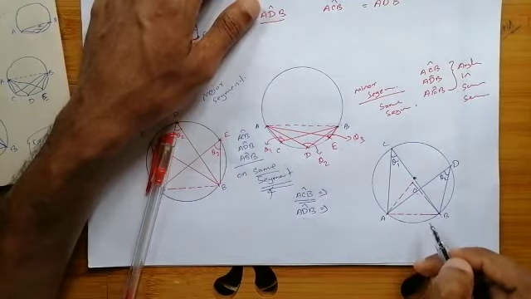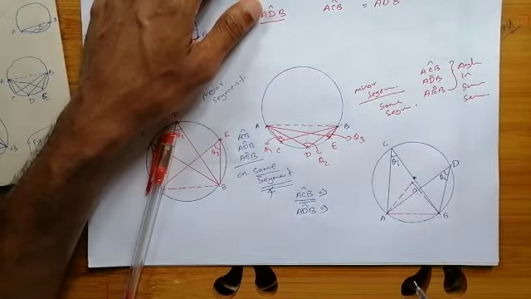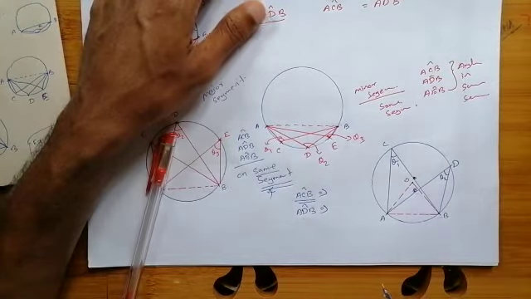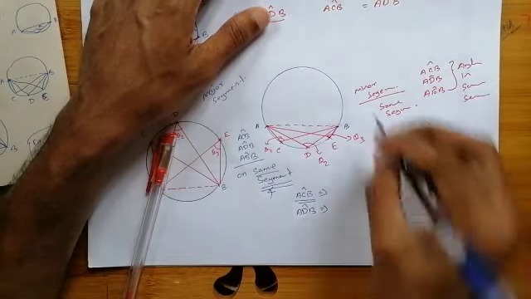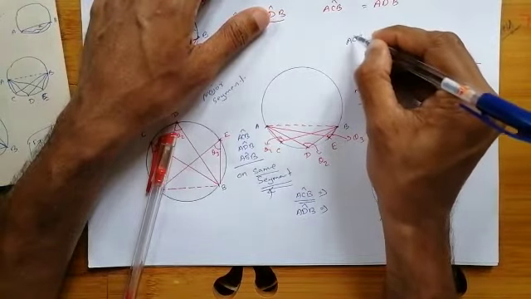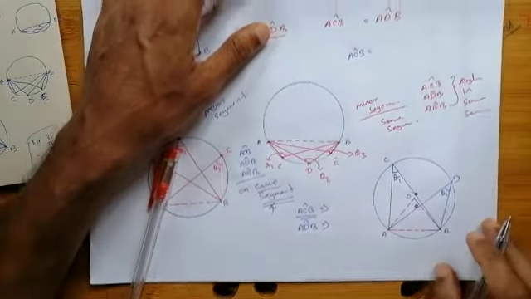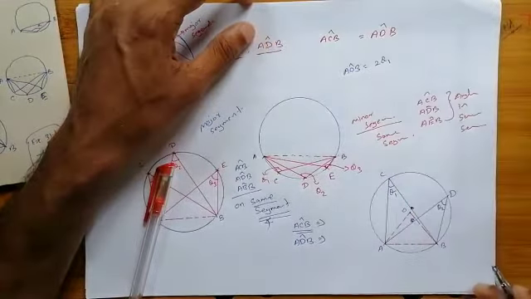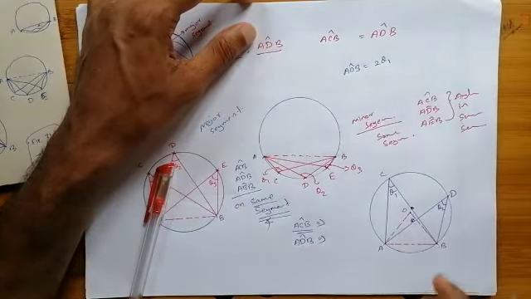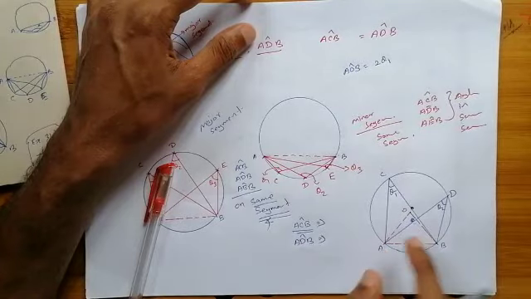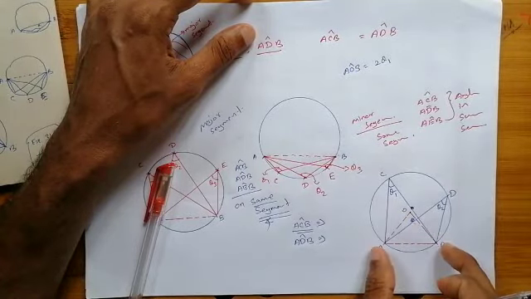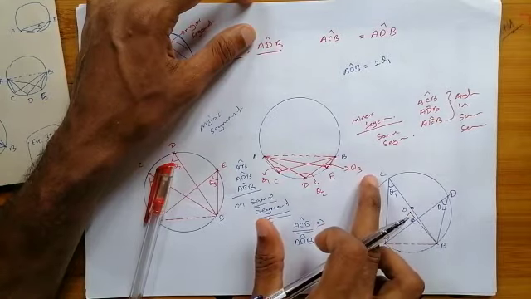what is the relationship between theta and AOB? Center is O. With the first theorem, AOB is 2 theta 1, because arc AB subtends angle AOB at the center, and angle ACB at the remaining part.